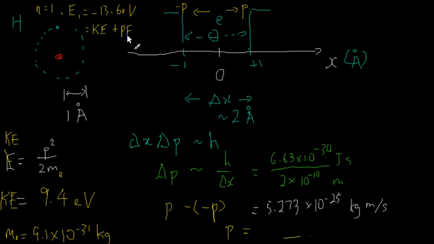But from the calculations I did in the earlier videos, you can see that the actual values of the KE and PE are about the same kind of magnitude, meaning they are roughly equal to a few, maybe 10 eV or a few eV also.